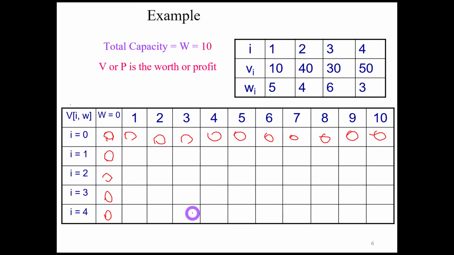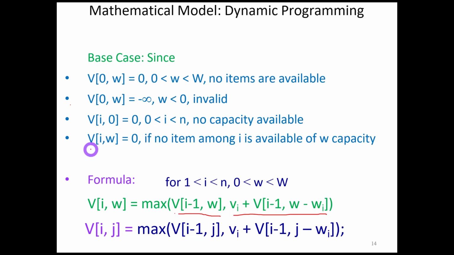Okay, now let's come to this box. So when I equals 1 and the capacity I'm allowed is only 1, what is the weight of I? You can very clearly see here that the weight of I is 5. That means it cannot come in a bag of size 1, right? This is the case we just talked about.